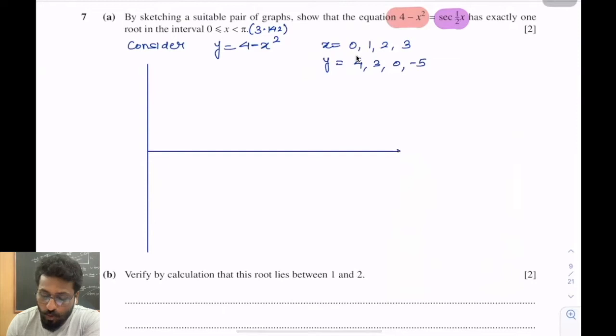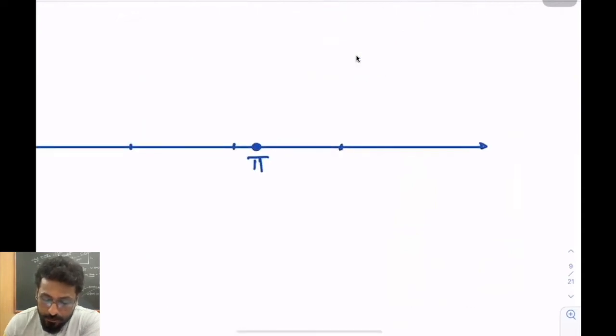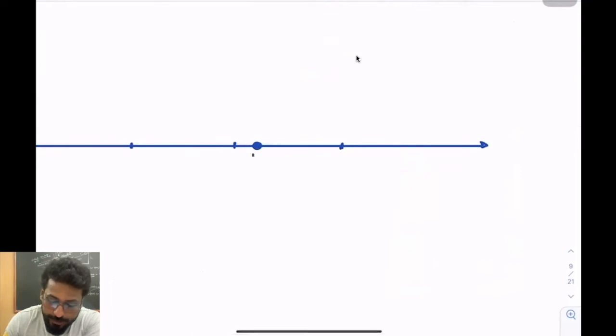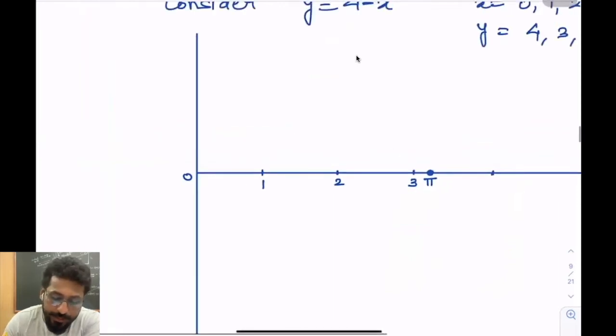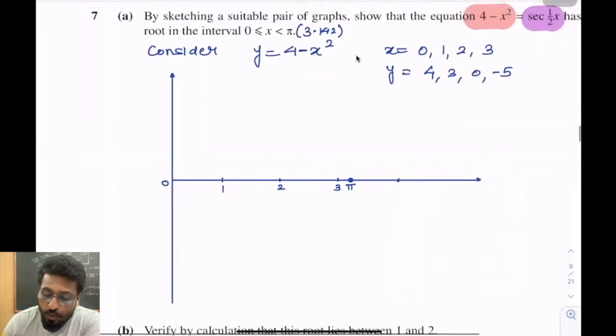The x-axis need not go very far. That's 0, 1, 2, 3, and 4. 3.142 is very close to 3, so this is where pi is going to be. That's pi, that's 3, that's 2, that's 1. Then I'll take values on the y-axis as well. I want to go in the positive direction till 4 and in the negative direction till minus 5.